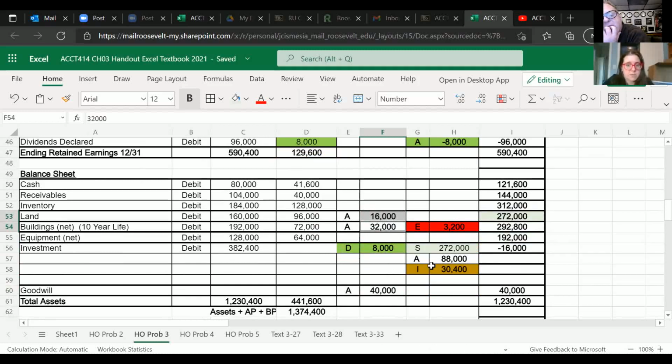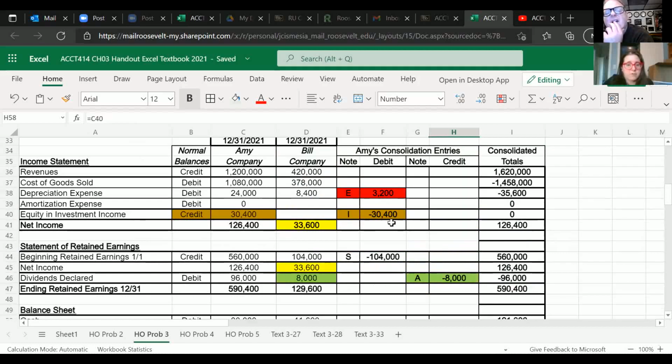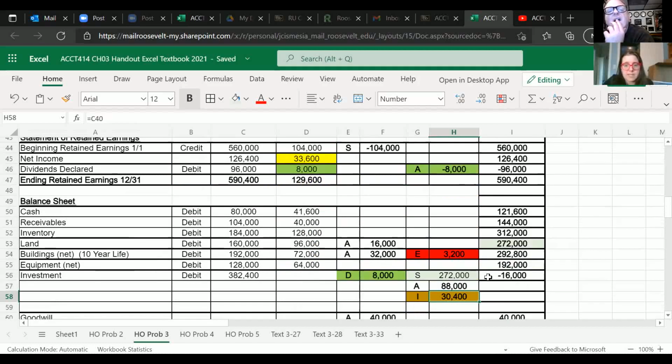So the excess plus the goodwill is 88,000. Then I took out the 3,400 for the equity investment income, but that should zero out, and it doesn't. I felt like I did something wrong with the goodwill, but the goodwill should be right. I think you subtract out the 8,000 instead of adding.